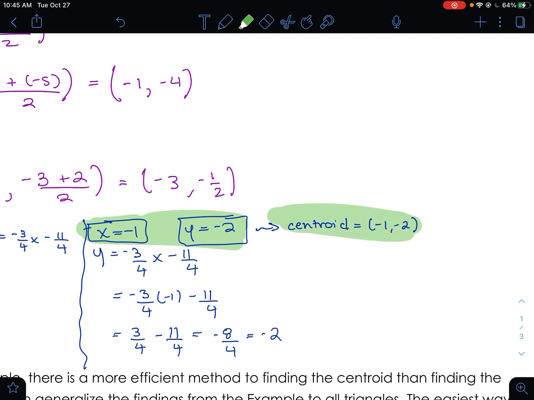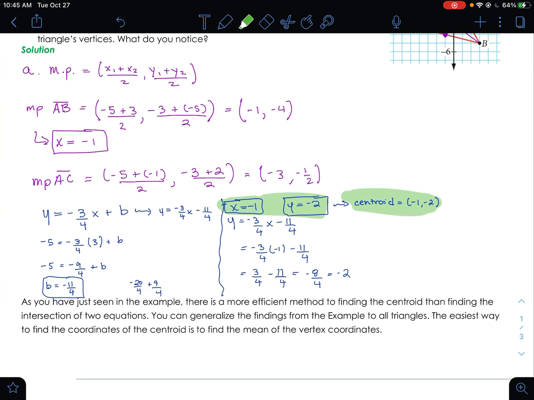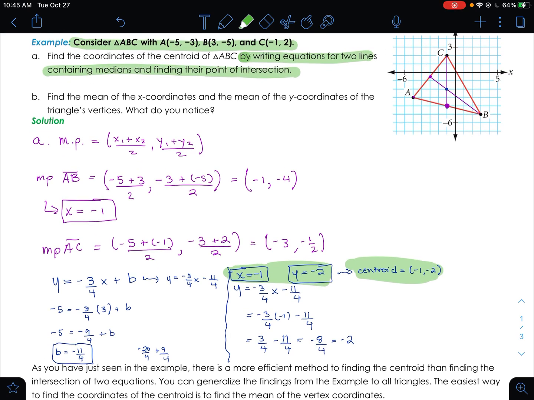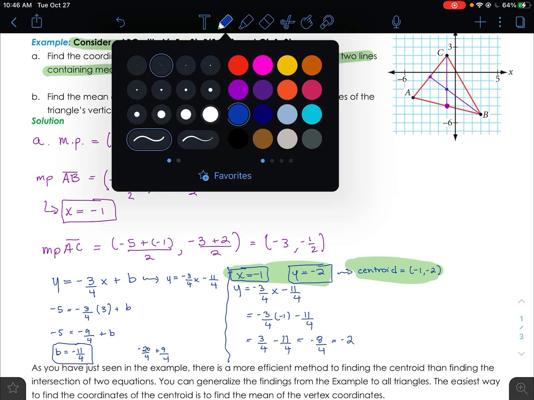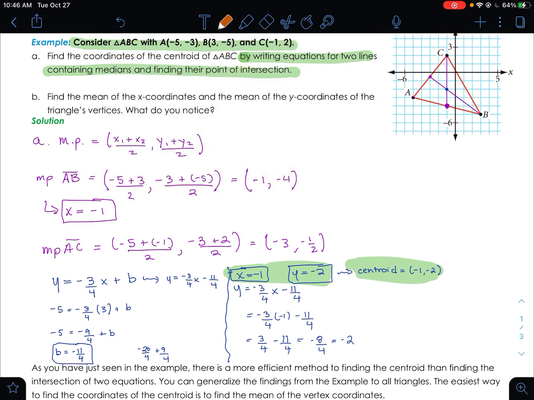Now, that was a lot of work to find one point. So what we're going to do is take a second look at this problem and explore something real quick. I want you to find the mean of the x-coordinates and the y-coordinates.